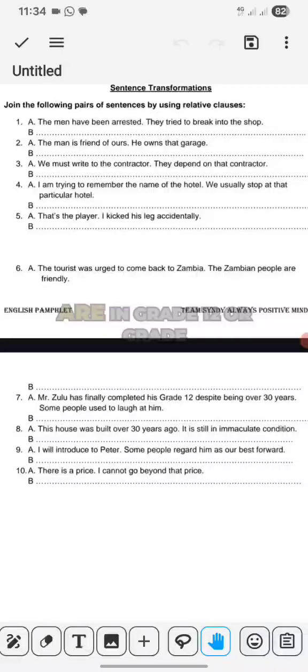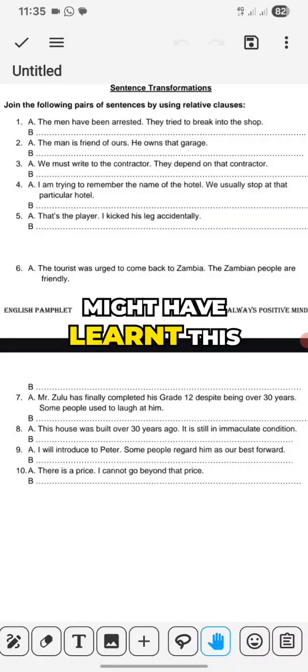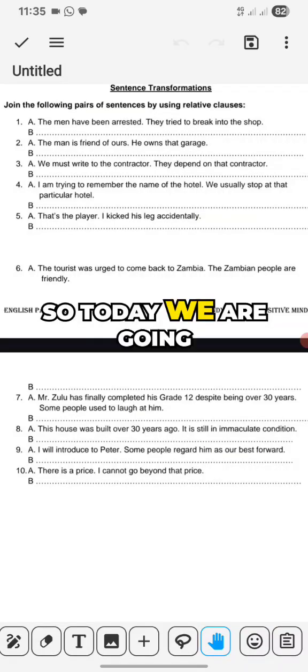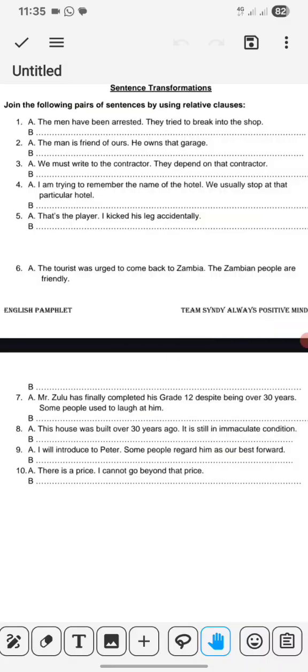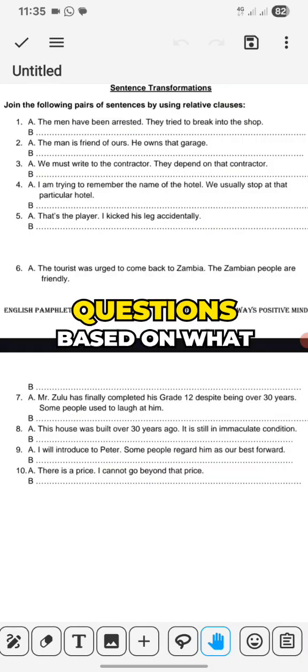For my friends that are in grade 12 or grade 11 as well as grade 10, you might have learned this topic before. So today we are going to revise on the same. So what are relative clauses? Now with me on the screen, I've picked transformation questions based on what we are looking at today.